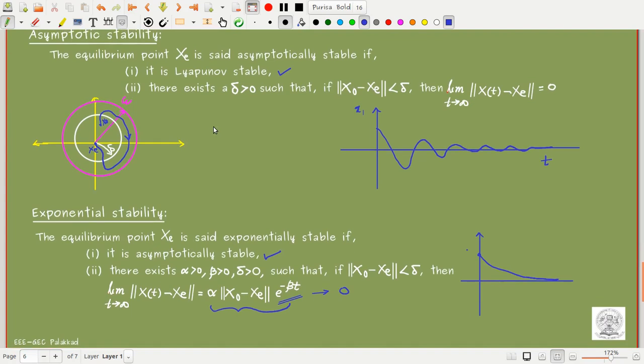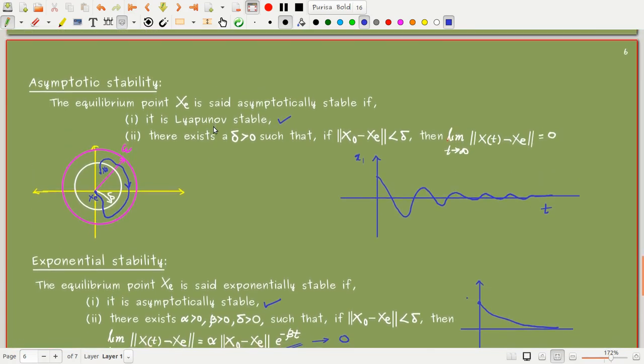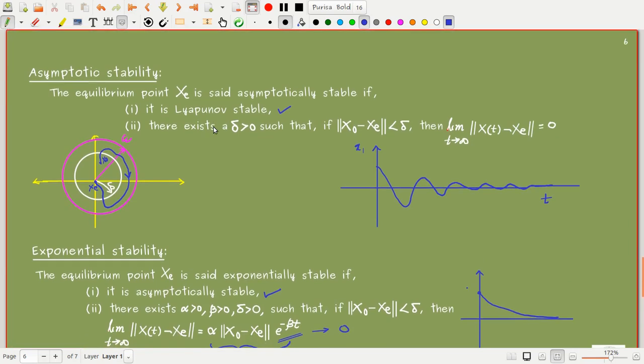Now in this case, suppose I have some system. I will draw you a system here for this asymptotic stable case, and you should tell me whether the system is stable or not.